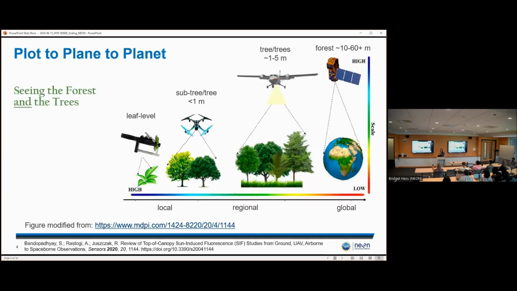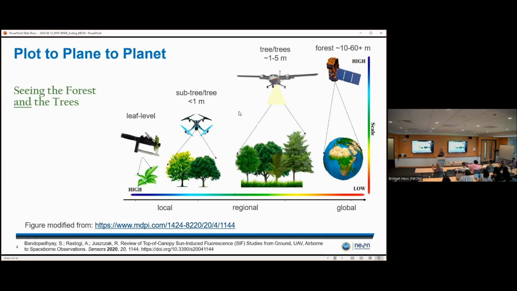So this is just an image breaking down some of the different sensors that we can use for measuring things at different scales. AOP actually has down to the leaf level measurements of a lot of our data, and this is called a leaf clip attachment that we use in our handheld spectrometer to get the spectral signature of individual leaves.